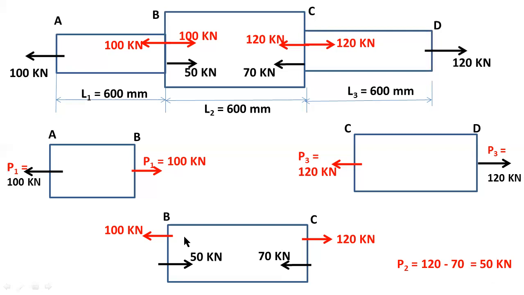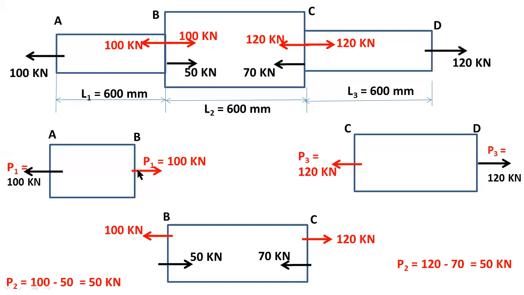Similarly, the load acting on the bar at end B equals 100 minus 50. Here 100 is the tensile load and 50 is the compressive load, so I consider a negative sign for compression. So P2 equals 50 at both ends, so we say it satisfies the condition. Now you can easily find out the stress induced in the bar BC.